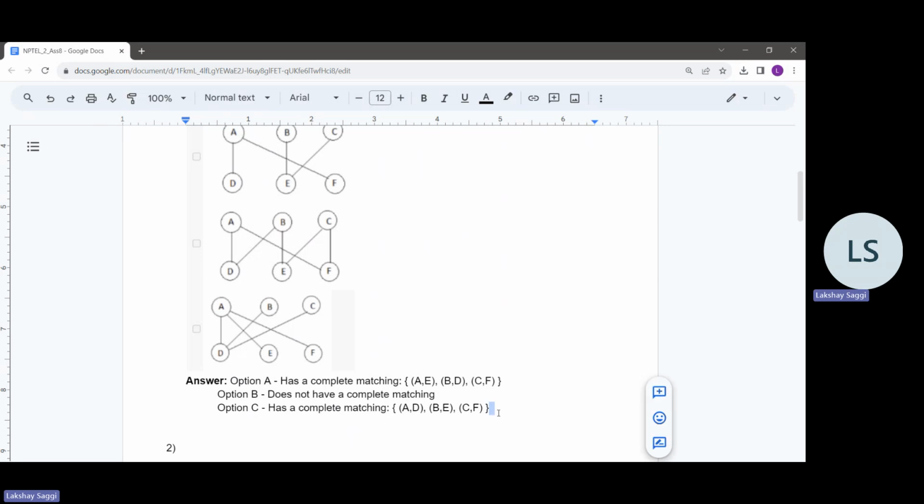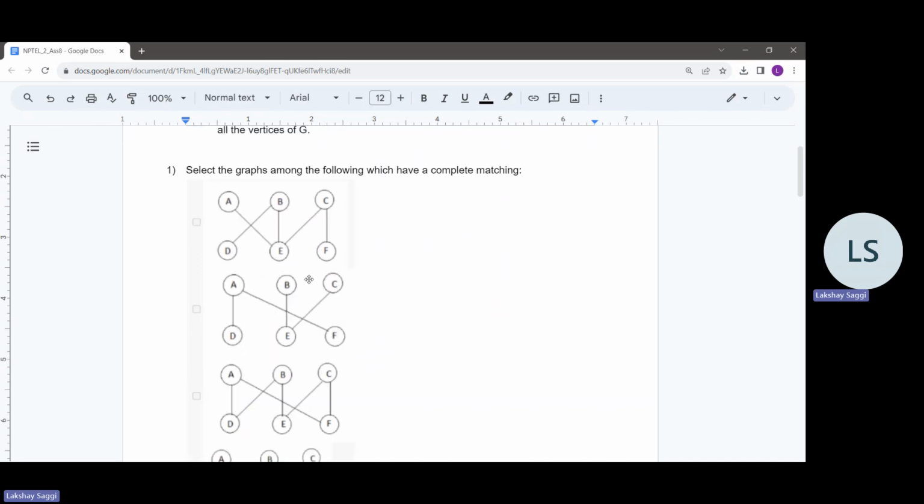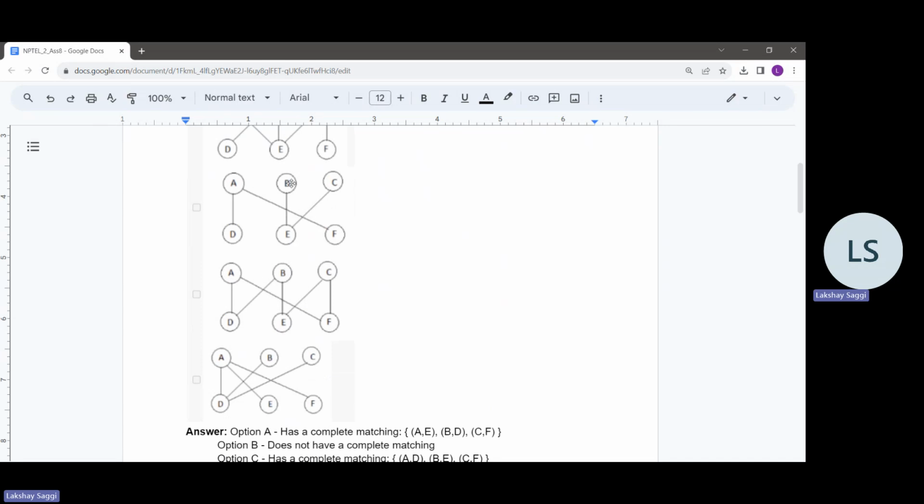Now let's go to option D. In option D, again, a very similar situation to option B arises if you see closely. In option B also we saw that these vertices B and C had degree 1. So these two edges had to be present in the complete matching, and that's why the graph did not contain a complete matching. Similarly, in option D here, this vertex C has a degree of 1.